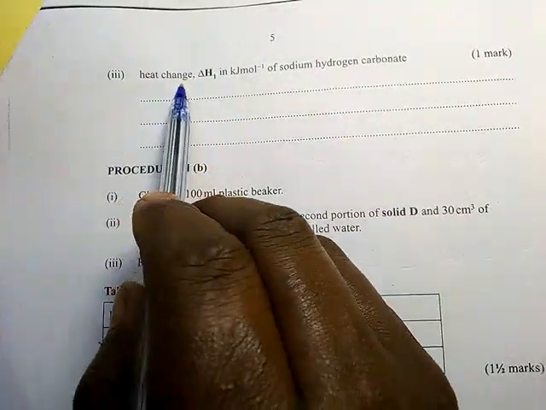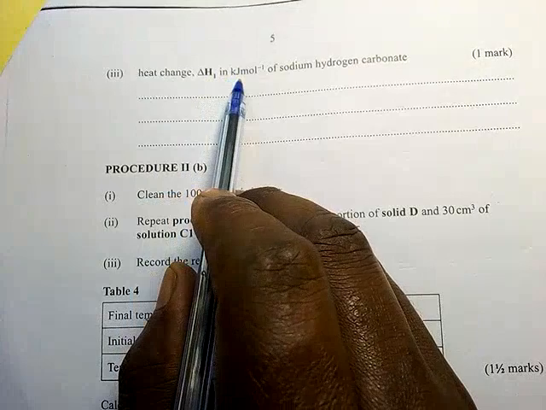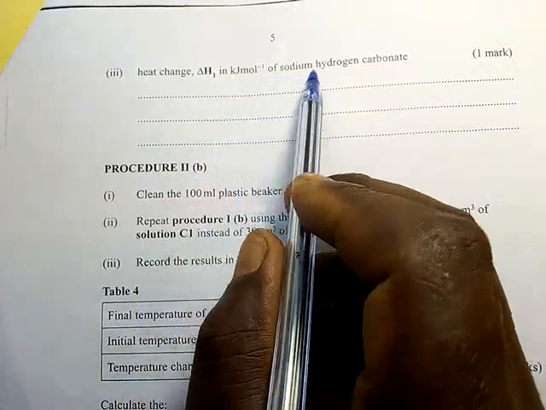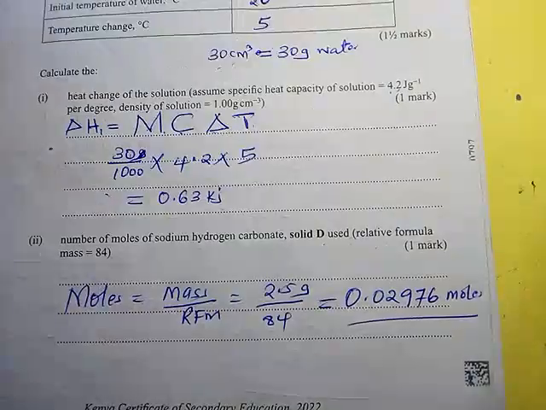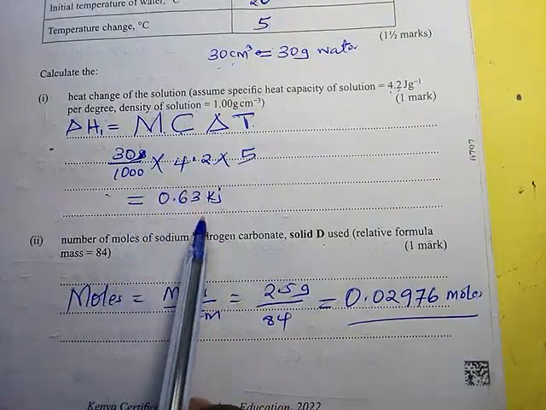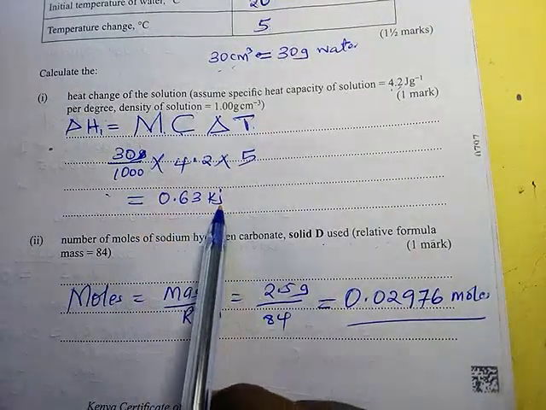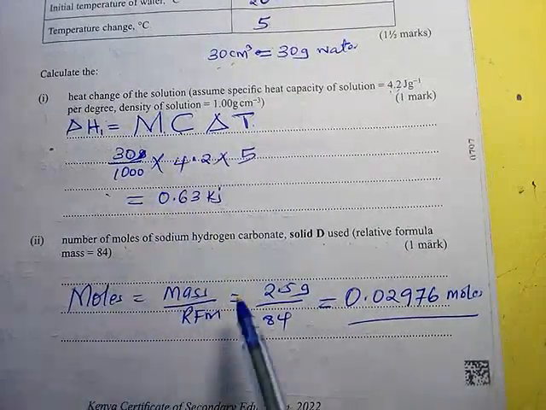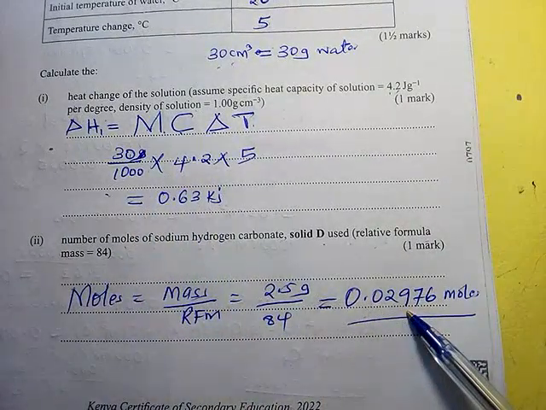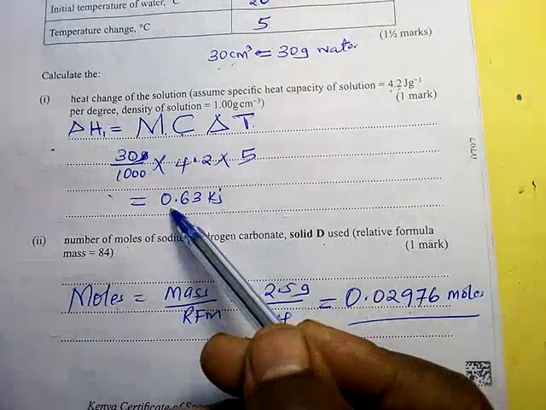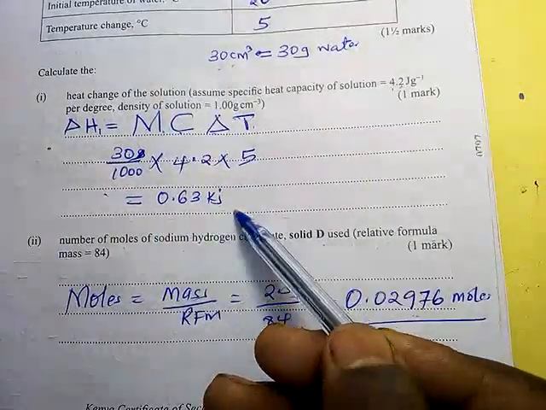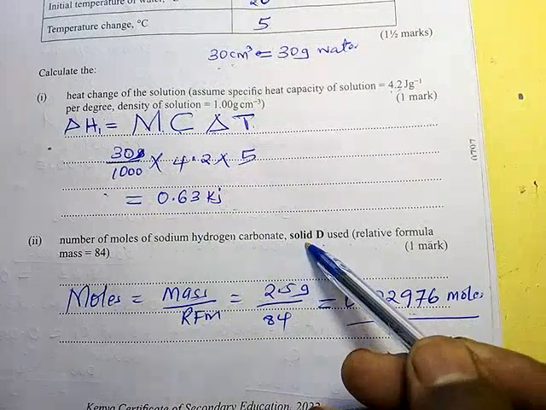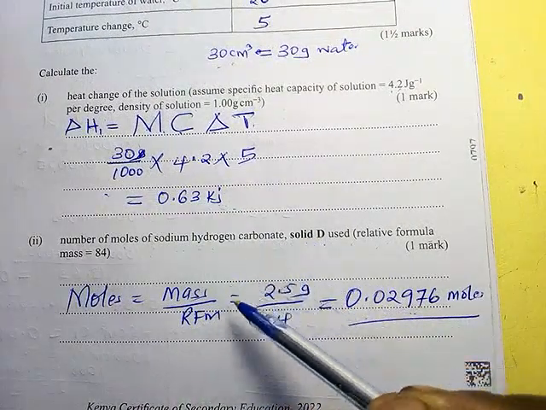Calculate the heat change H1 in kilojoules per mole of sodium hydrogen carbonate. Now you need to understand this. This amount of heat, 0.63 kilojoules, was produced by this number of moles. So we ask: if this many moles was able to produce 0.63 kilojoules, what will 1 mole produce, because we want heat change per mole.